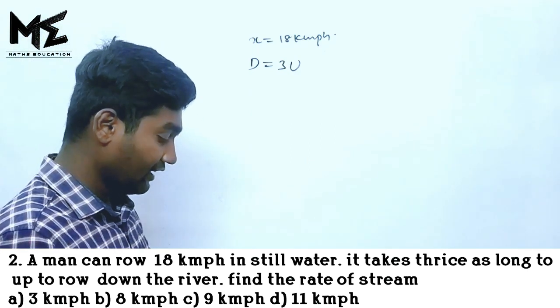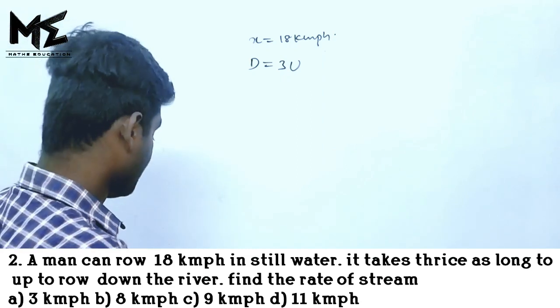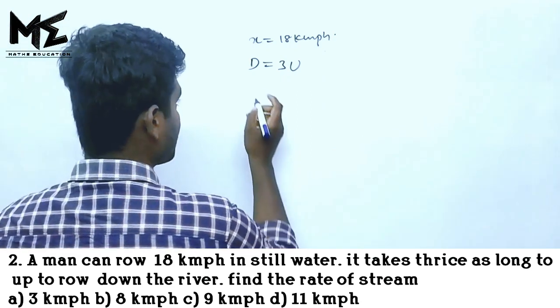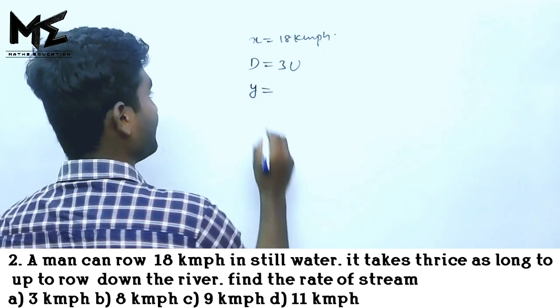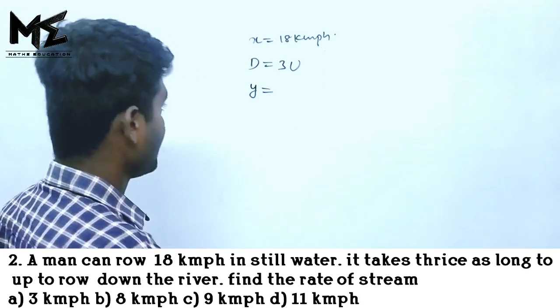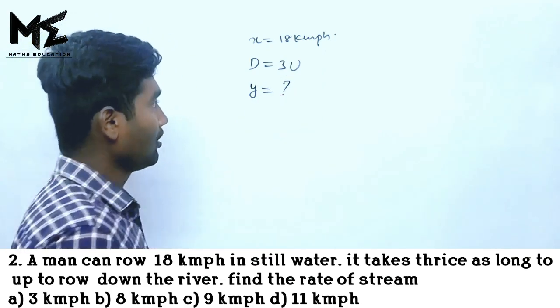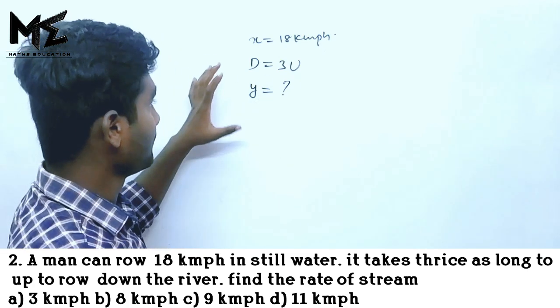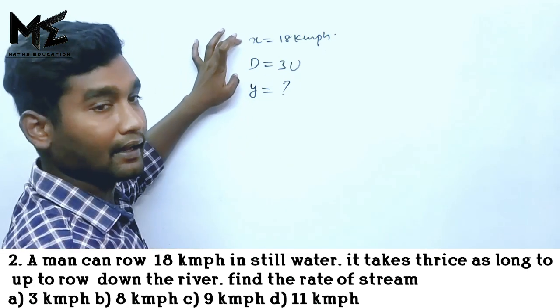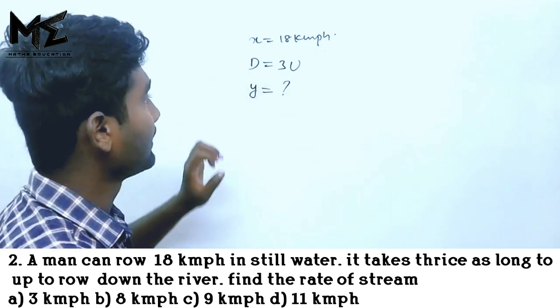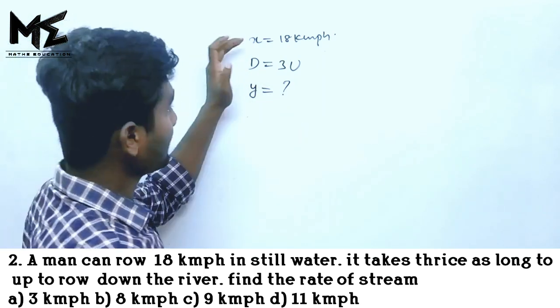Find the rate of the stream. Again they ask y, rate of the stream, which we have to find. So here we have d and x. I am taking here, first we know x value.